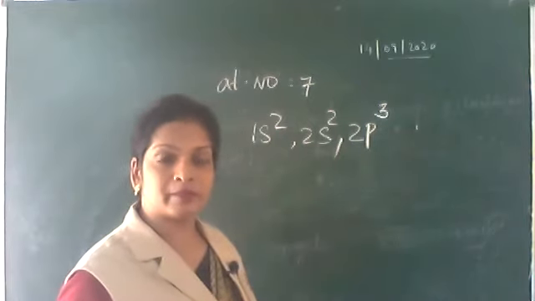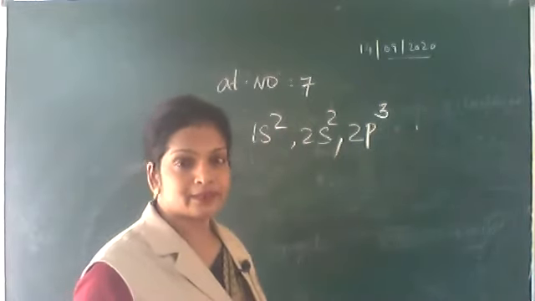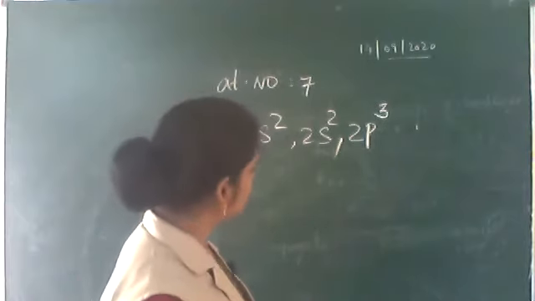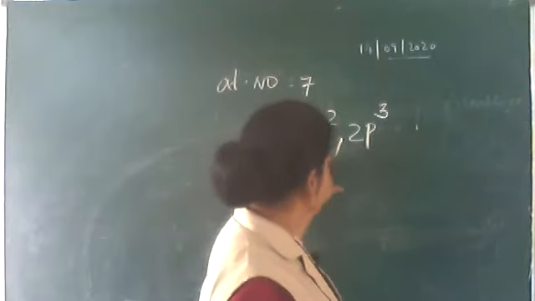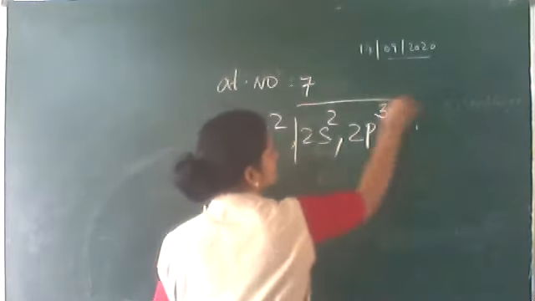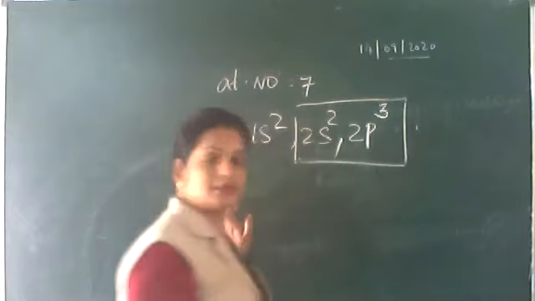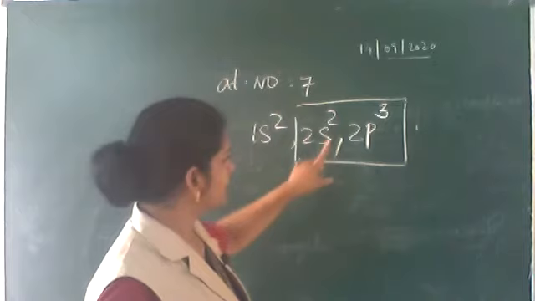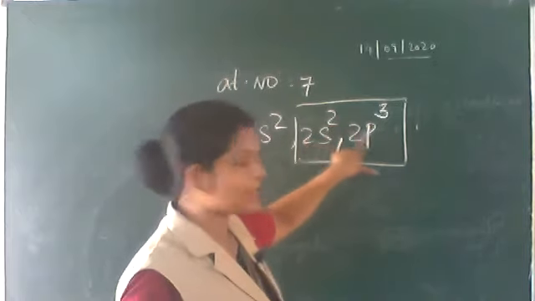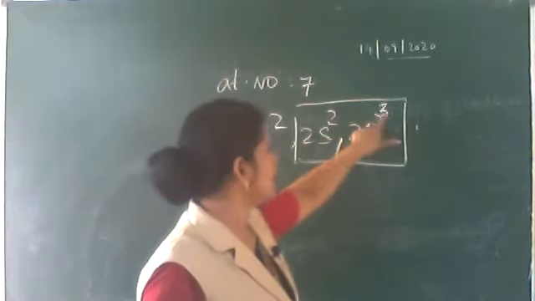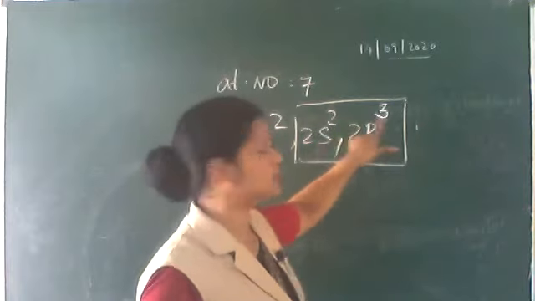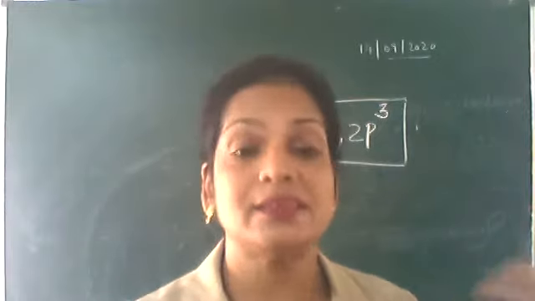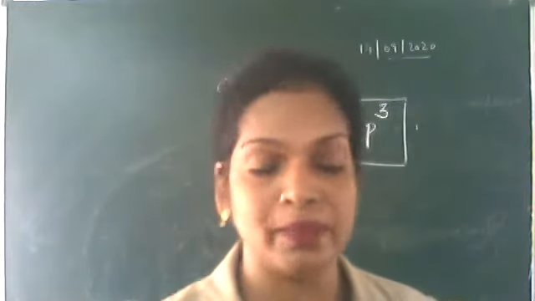Which element is this? Atomic number 7 is nitrogen. Here the last shell is n, and it contains s electrons and p electrons. So you add the total, that is 2 plus 3, 5, and to this you add 10. That will be the group number.